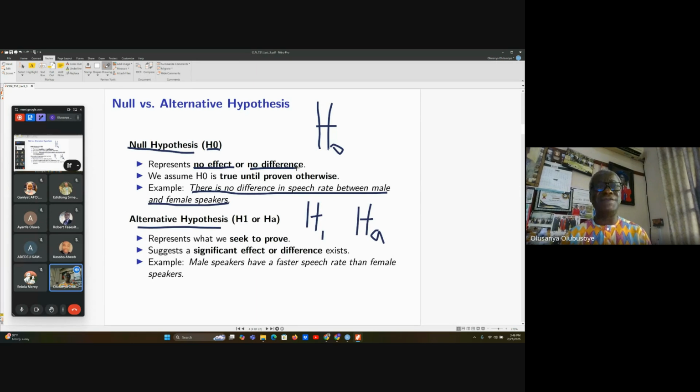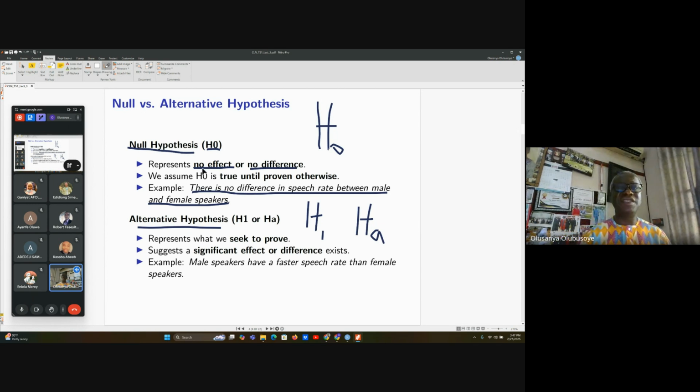But the alternative is the one that counters it, the one that opposes the null. So when the null is saying there is no difference, the alternative will say there is a difference, or a difference exists.